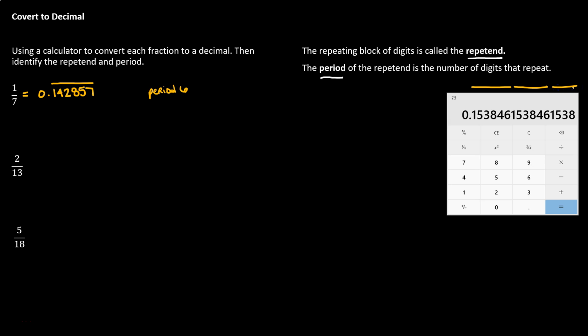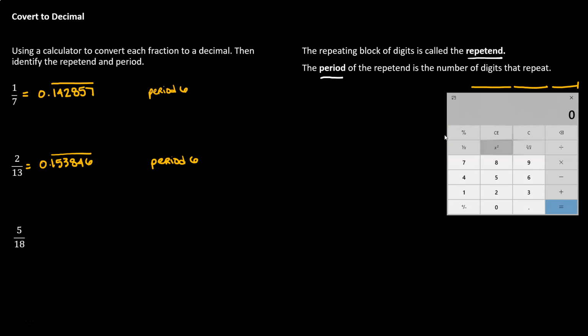In this case, the digits aren't different than the pattern, but it's incomplete, like it got cut off. But again, that's just part of the artifact of the computer. It's only able to show you so many digits, and so at some point it has to round. So 2 over 13 would be the repeating decimal 1, 5, 3, 8, 4, 6. In this case, the period again is 6.